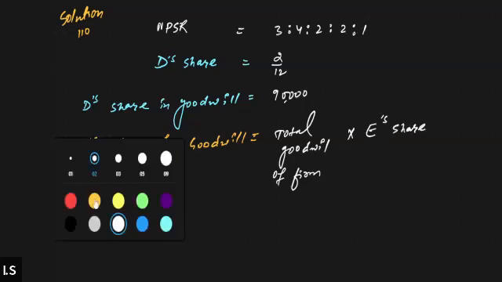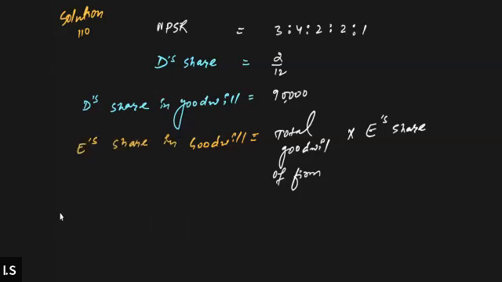Yes or no? To determine E's share in goodwill, we should have an idea about the goodwill of the firm. Then we just need to multiply it by E's share so as to get E's share in the value of the goodwill.